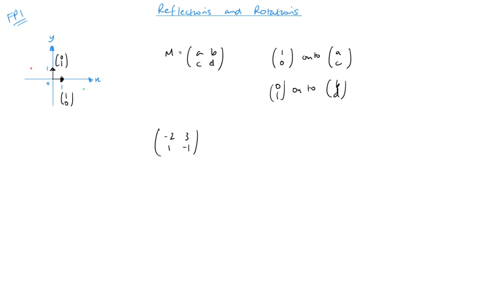Okay, so that's where they would map, and if I had a square, I could look at the third point. So this one is these two added together, it's at (1, 1).